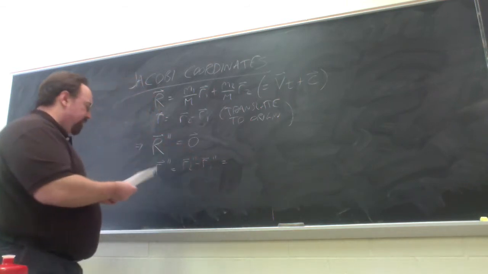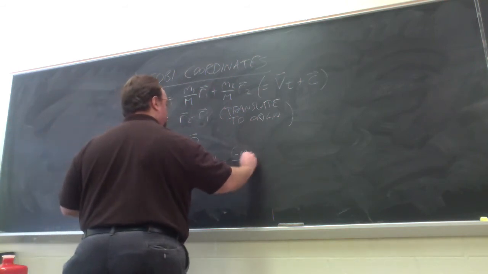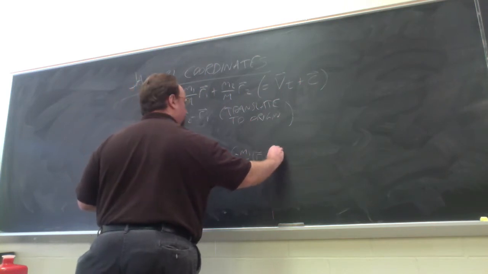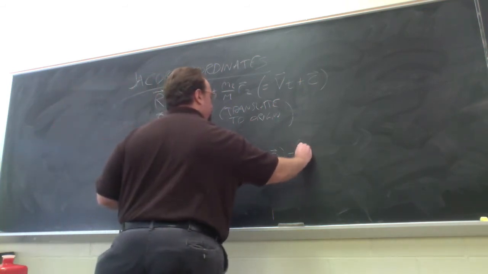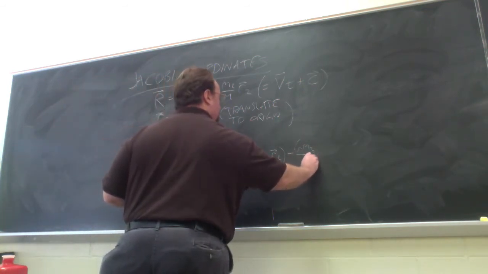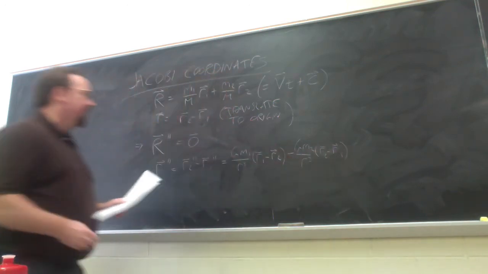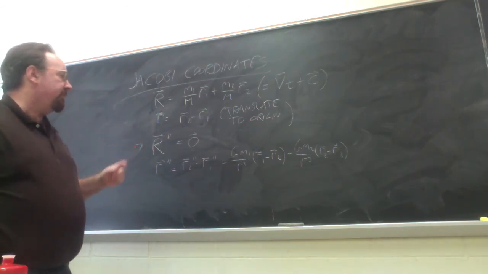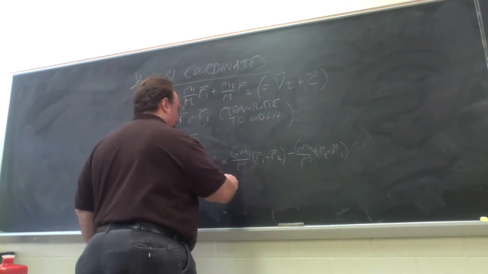Now, if I go back to the original equation, R2 double prime is GM1 over the scalar R cubed times R1 minus R2. And then I have minus this, which is GM2 over R cubed times R2 minus R1. So now, if I go ahead and simplify this, the G over R cubed factors out.